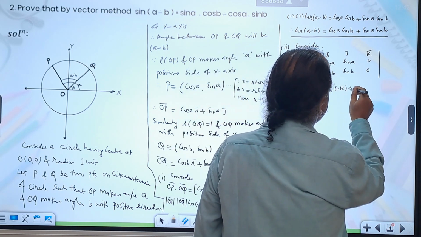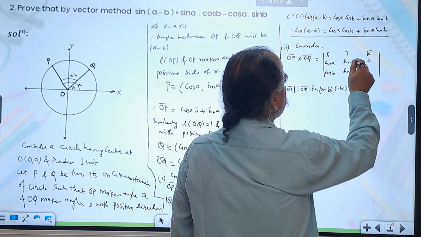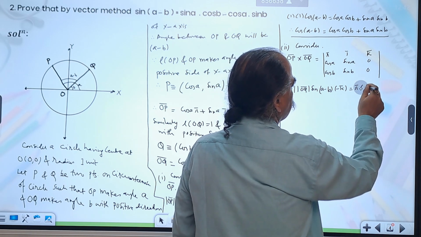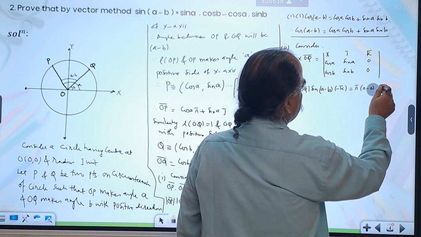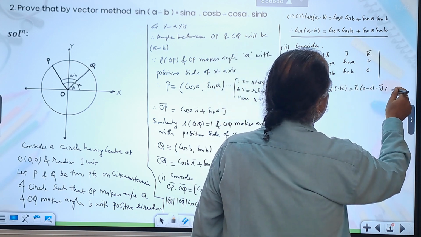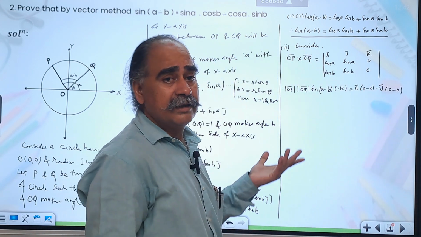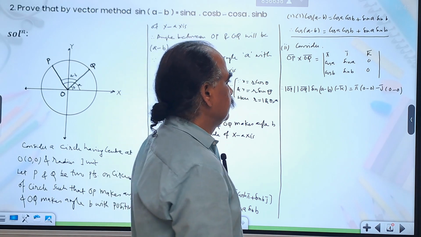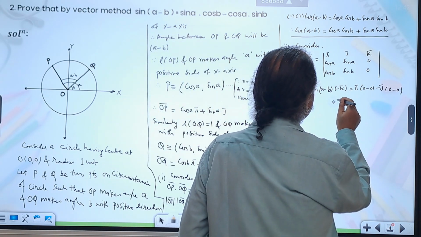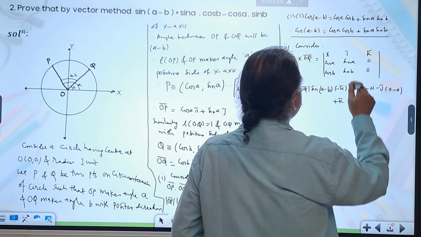And when you expand the right side, I bar into 0 minus 0, minus J bar into 0 minus 0. As they lie on XY plane, you will not get I bar and J bar. Plus K bar into cos A sin B minus sin A cos B.